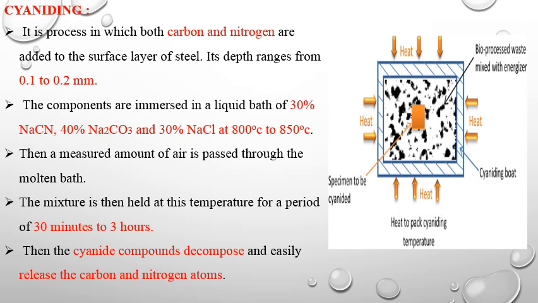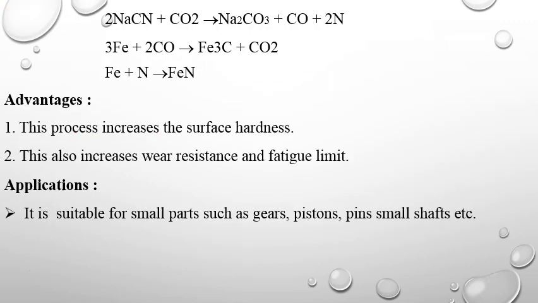The bath has 30% NaCN and 40% sodium carbonate. A measured amount of air is passed through the molten part and the temperature is held for 30 minutes to 3 hours. The reaction is NaCN plus CO2 gives Na2CO3 plus CO plus nitrogen.